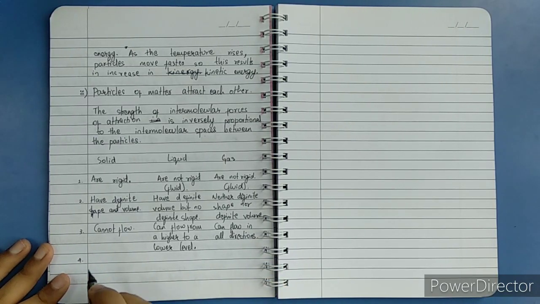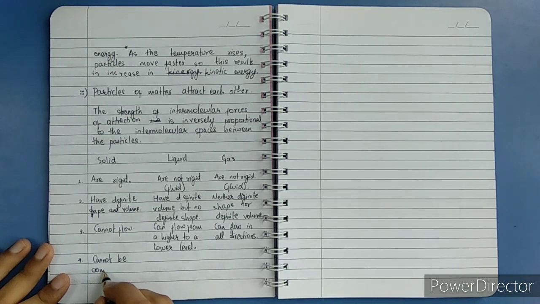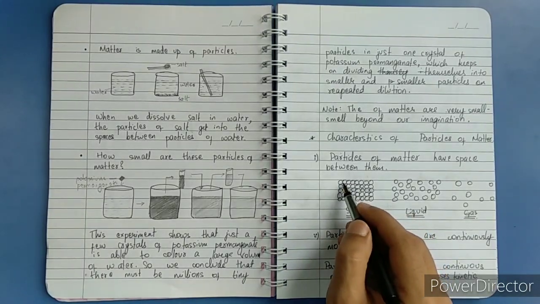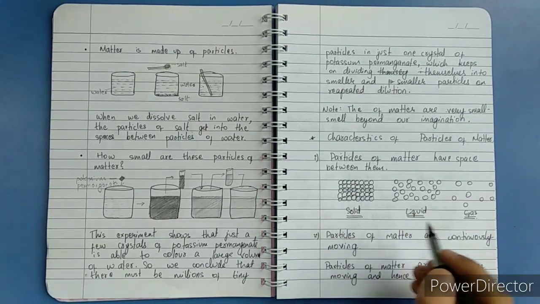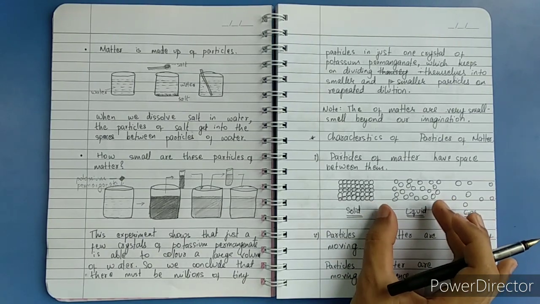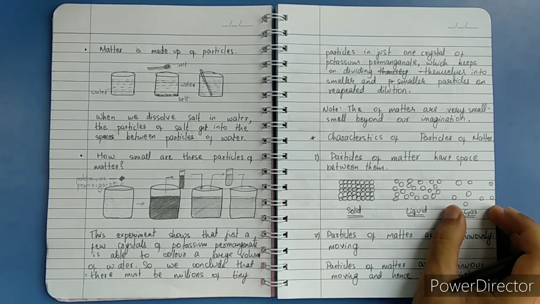Fourth point, solids cannot be compressed. Liquids can be compressed to some extent. Solids cannot be compressed because they already have very little intermolecular space. But liquids, as they have certain intermolecular spaces, can be compressed to a certain extent, and gases can be compressed highly.